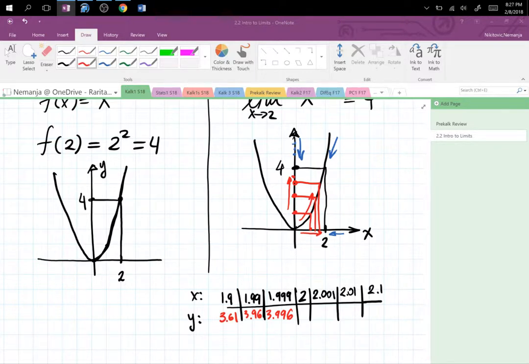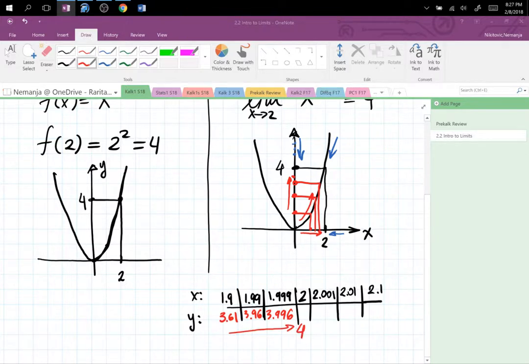From 3.6 to 3.9 to 3.99, where is it going? Is it going to 18? No, it's going to 4, right? Because you see that these decimals are inching towards 4.